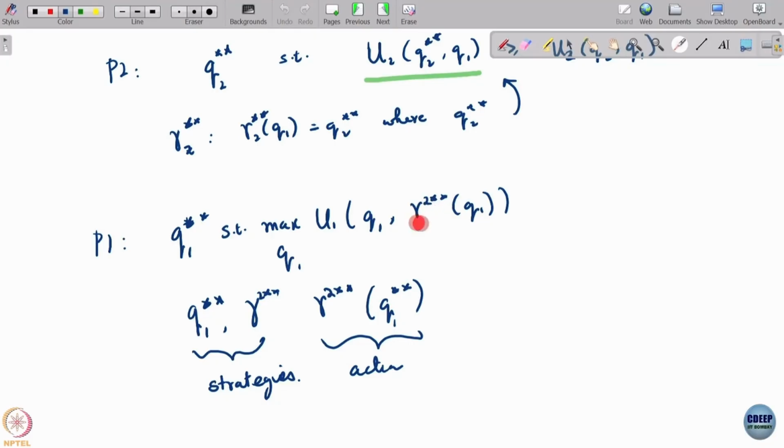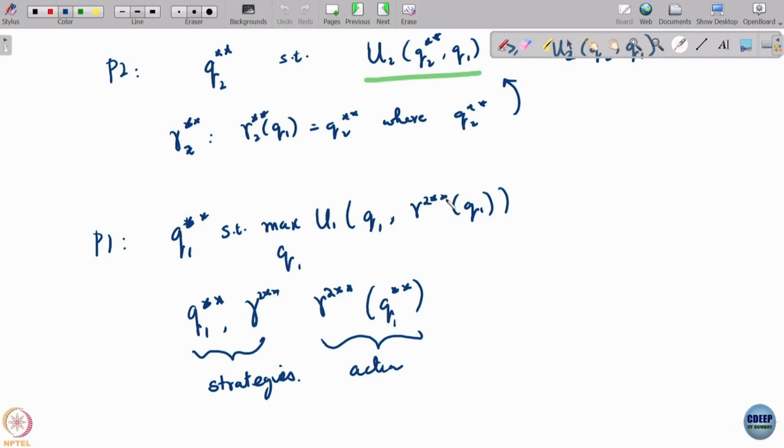No. So a little while back I said P1 can compute gamma 2 star star, which is a specific strategy. It's a device for him to compute his own quantity, which is Q1 star star. So I was just trying to do a mental reasoning. Can this be a potential way of solving the game? And I said, as a step in that, we can actually do this because this is a well defined thing.